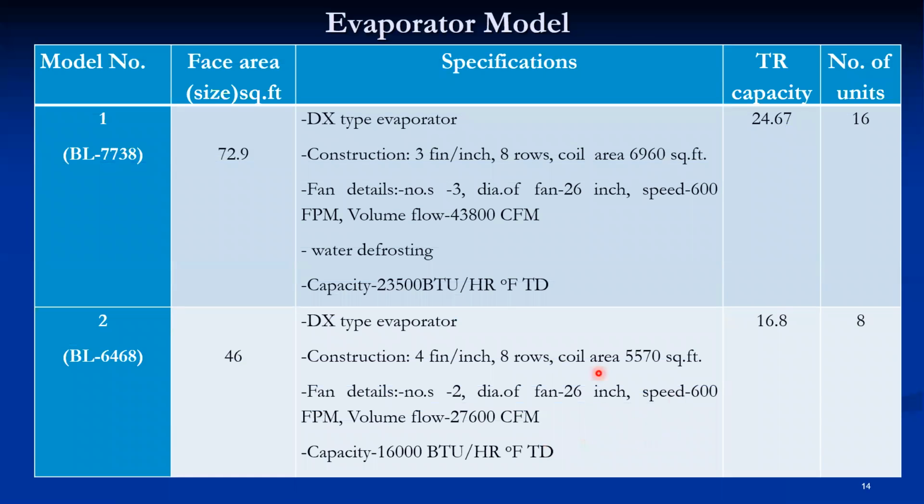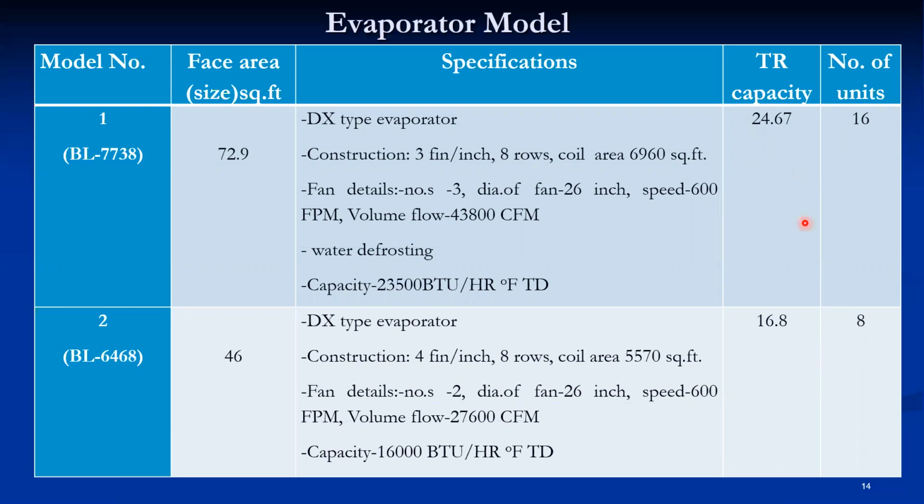These are the configurations for the model selected for pre-cooling applications. So there are 8 units selected, and for the second model, the capacity is 23,500 BTU per hour, which converted into TR is around 25 TR.